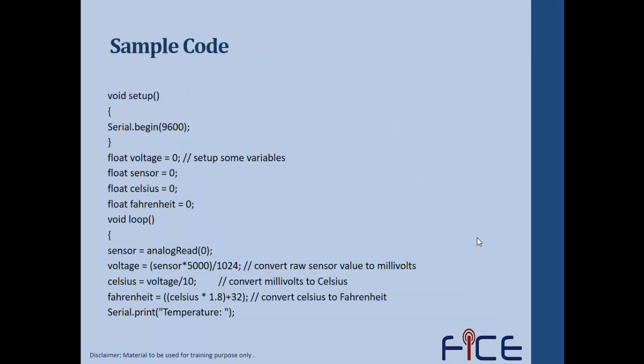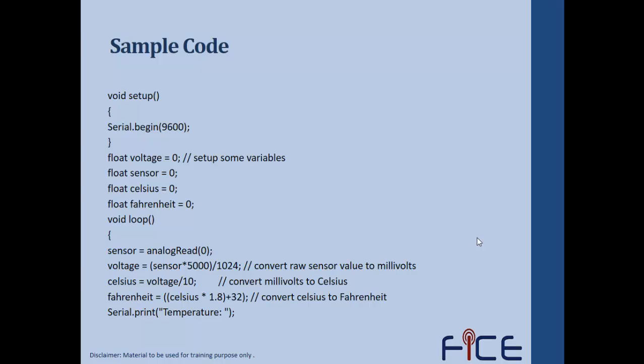Next is the sample code. In this sample code, we have first set up the baud rate with the help of the Serial.begin API. After that, in the void setup, we are taking some variables, that is voltage, sensor, Celsius and Fahrenheit.